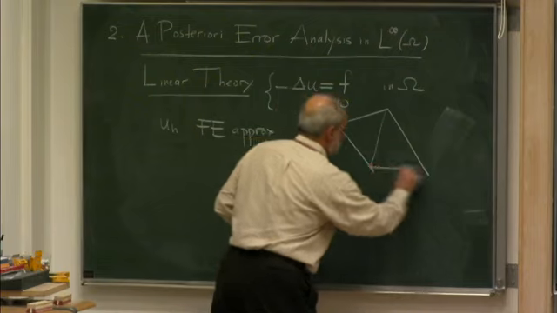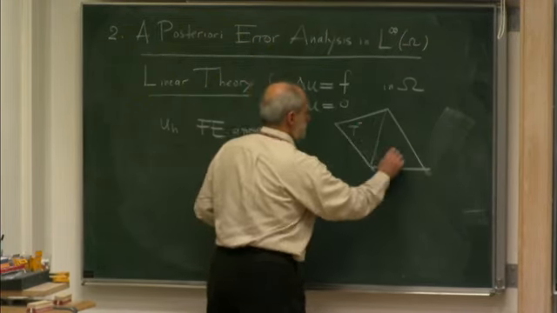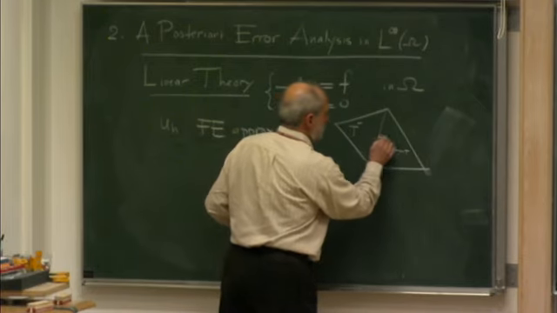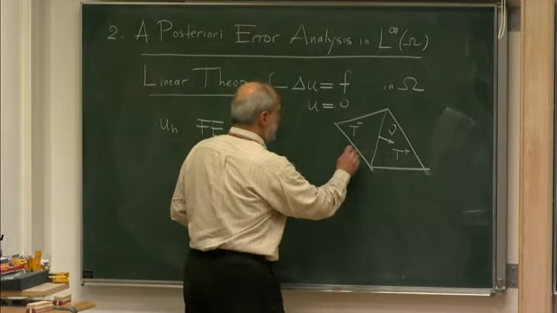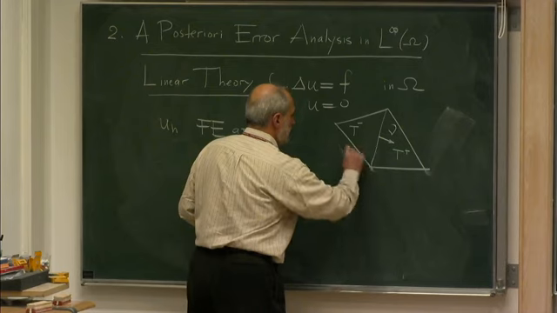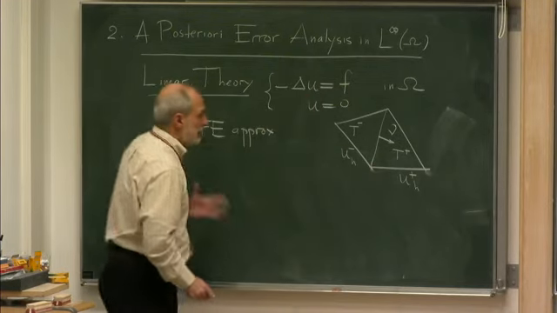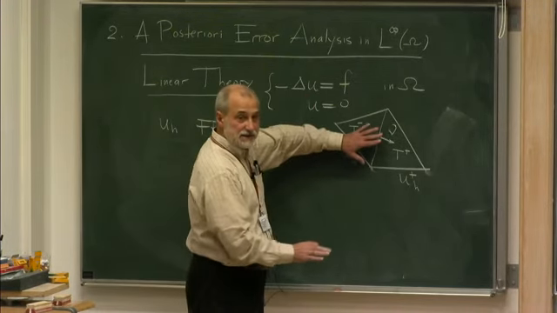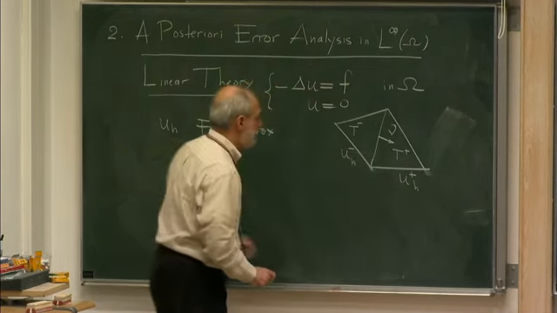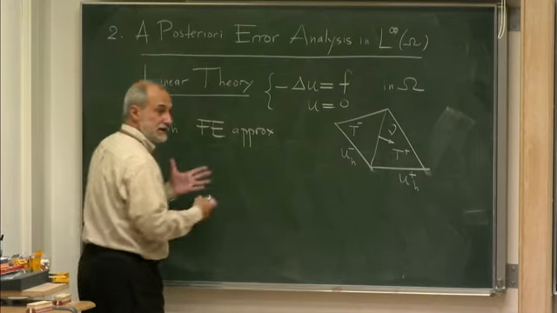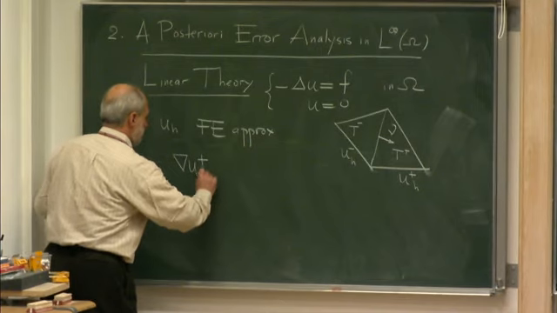imagine that we have two adjacent elements, let's say T minus and T plus. Let's think of the normal going from T minus to T plus. In T minus, I have, say, UH minus, and in T plus, I have UH plus. These functions are piecewise linear, so the function is continuous, but there is a kink on this side. I'm going to quantify that by computing the jump of the gradient.